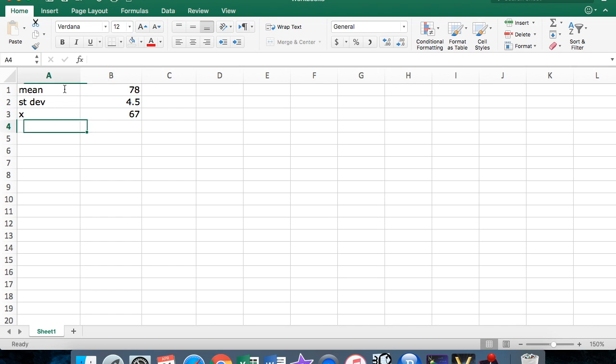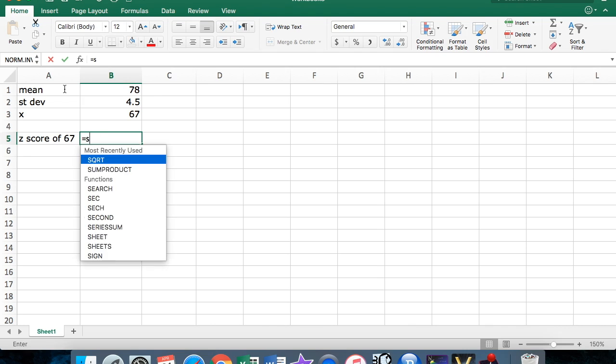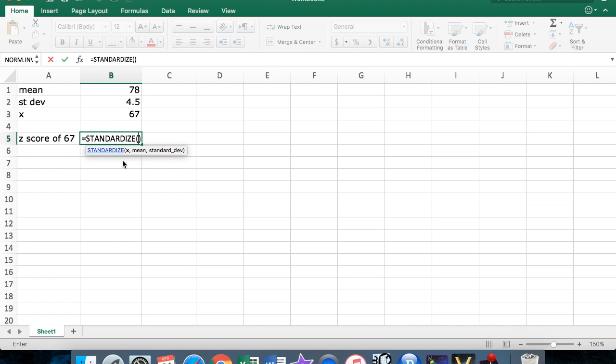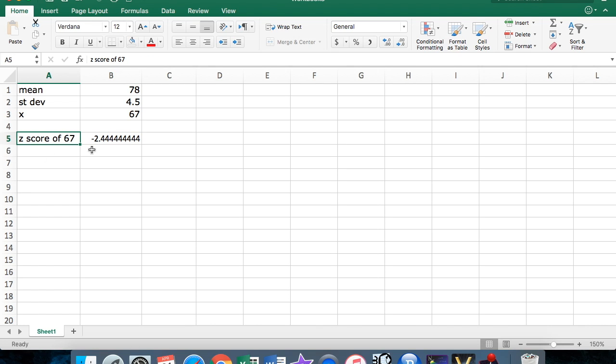Okay, you want to find the z-score of 67. So the way you do this, standardize. So equals STANDARDIZE will get you your z-score. Click on your x, your mean, and your standard deviation. So there we go, minus 2.444444 repeating, right? So that's how we find the z-score.